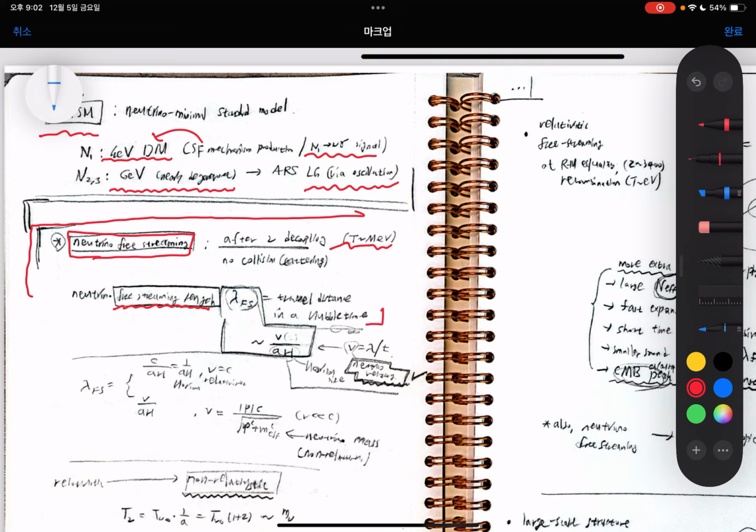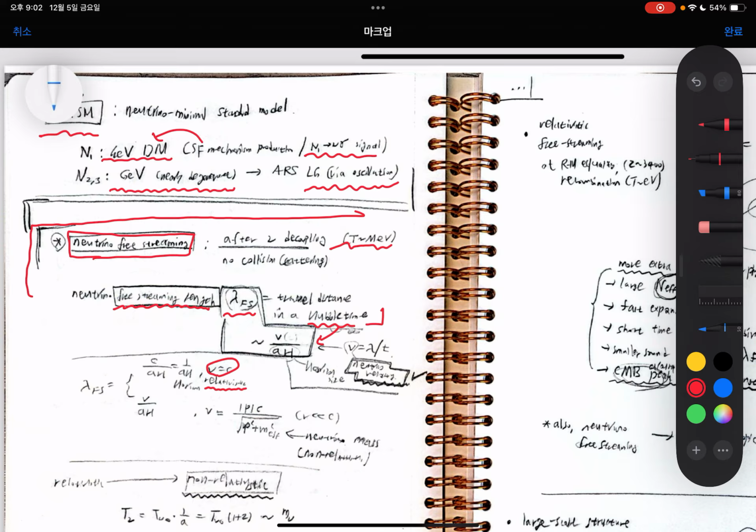So this is just a distance. Such a travel distance can be obtained by the velocity times some specific time, and this time scale is given by the Hubble time, 1 over H. In the case of the relativistic neutrino, the velocity of the neutrino is given by just the speed of light.